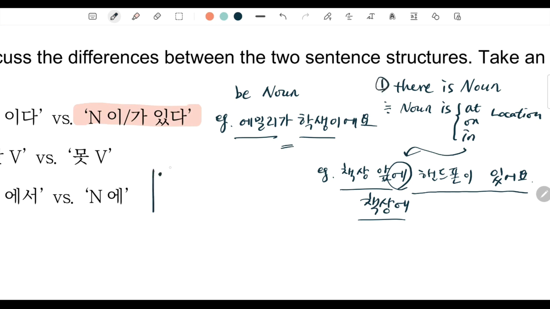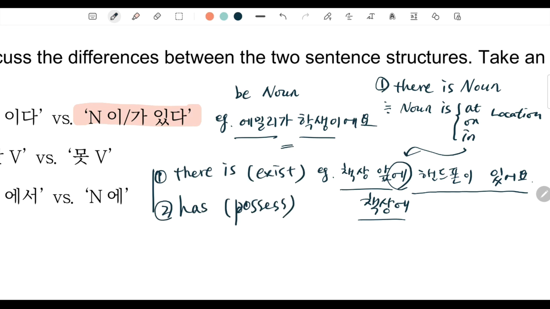First one, there is, basically exists. Second one, possess. So for example 봅시다. There is, we already said, 핸드폰이 있어요, which means there is phone, but it's quite ambiguous, isn't it? You can also say 저는 핸드폰이 있어요. What does it mean? I have a mobile phone.